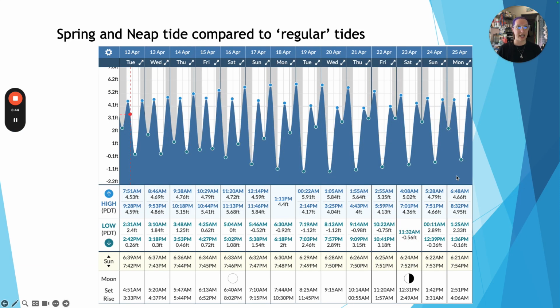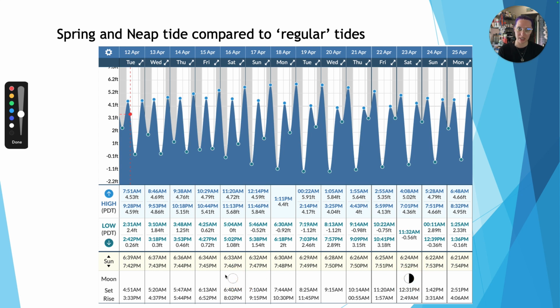So if we were to look at a tide table, this is from last year, but this is a tide table for San Francisco, I believe. I think this really nicely represents what we would see. And one of the reasons why I really like this particular image and the website that I used for this is because it has the moon cycles shown here as well.